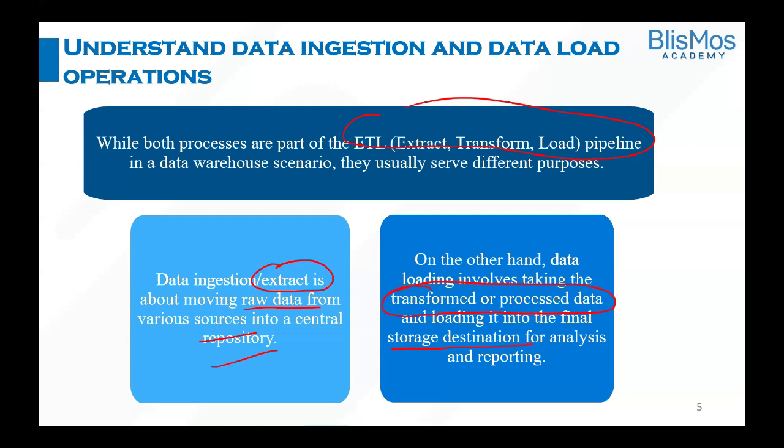Usually, when people are very particular, when they say data load, expect some transformation or processing has happened. With ingestion, expect there is no transformation, you are just moving the data from one place to another. So while trying to load the data into the data warehouse, you have to see: am I doing an ingestion, or am I doing a load? That you have to consider.